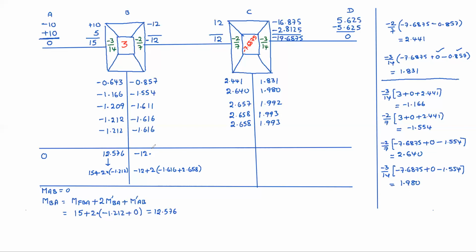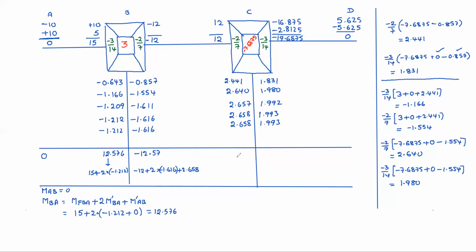Sorry, this one for 2 times this only. 4.574. 2 times of that one. No bracket here. Okay. 2 times of minus 1.616, minus is there, right? Minus plus 2.658, 4.574.